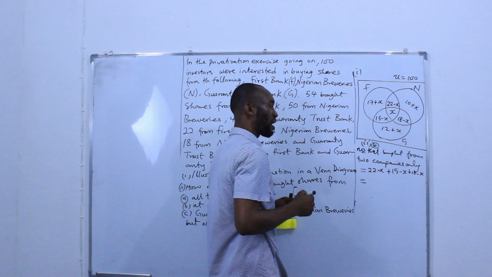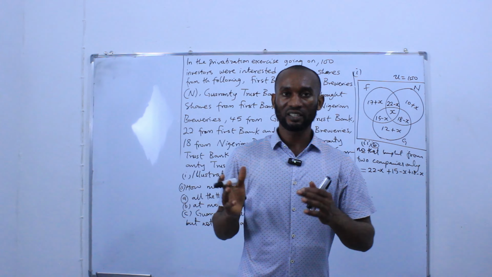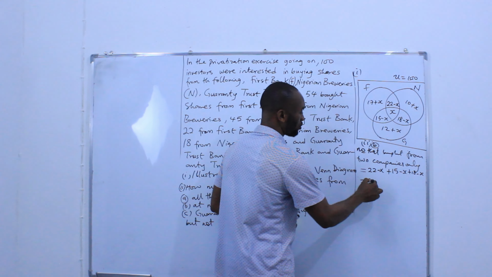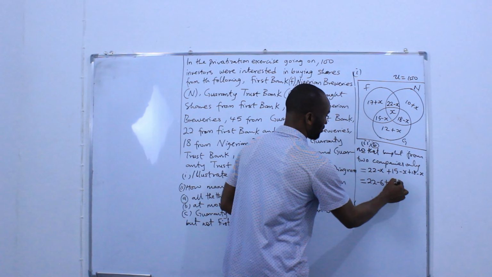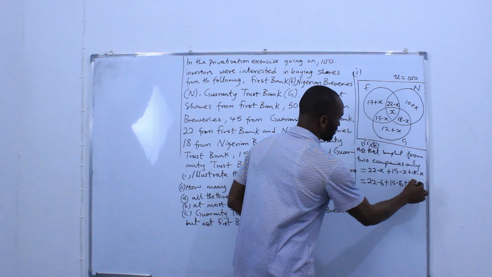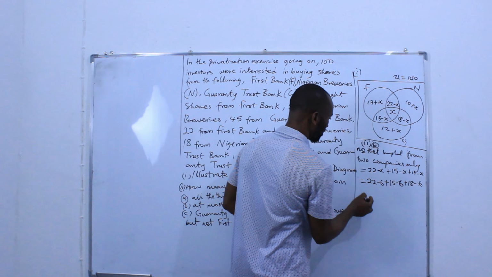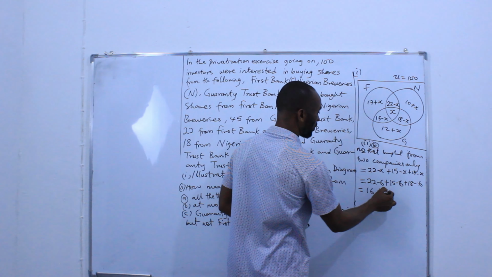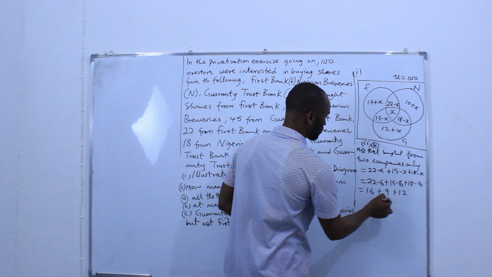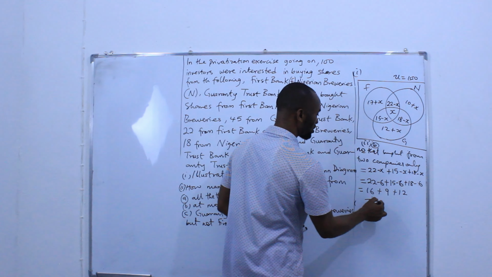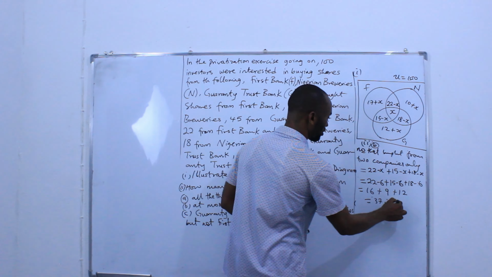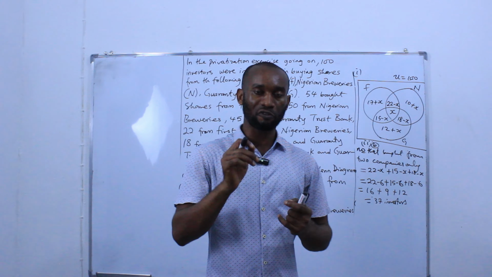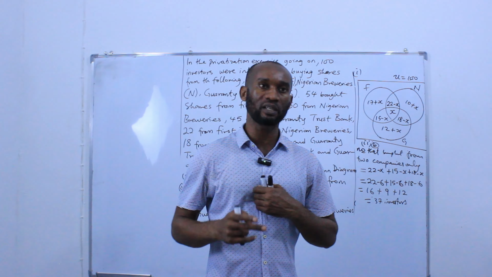And we know that the value of x is 6. So we use 6 in place of x. We're going to have 22 minus 6 plus 15 minus 6 plus 18 minus 6. That will give us 16, 9 and 12, which is a total of 25 plus this, which is 37 investors. That is for people that bought from 2 companies only.